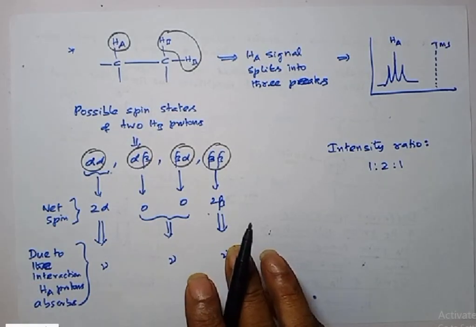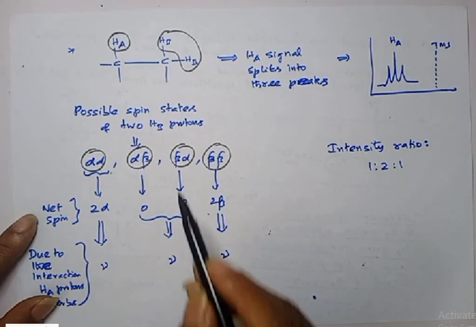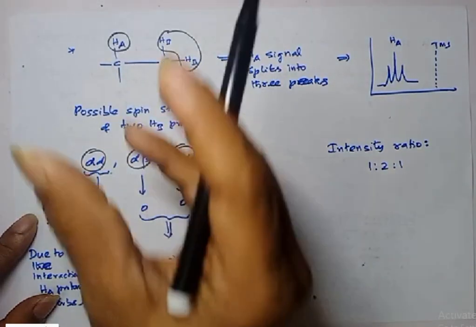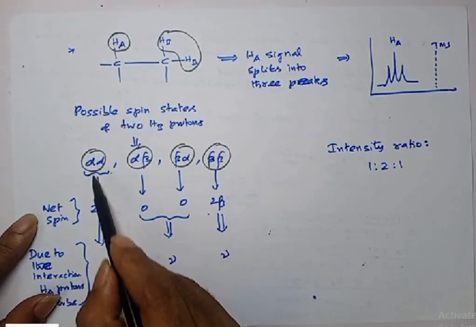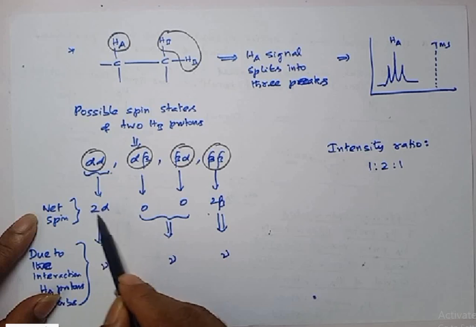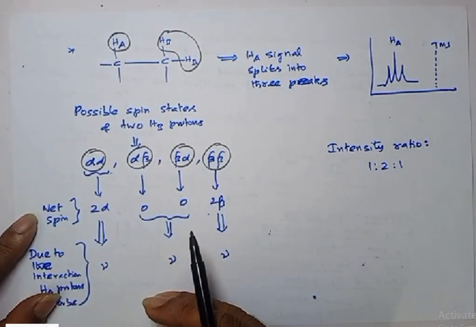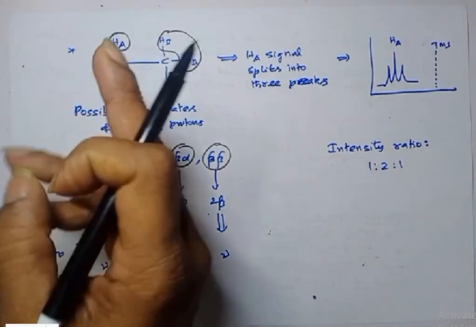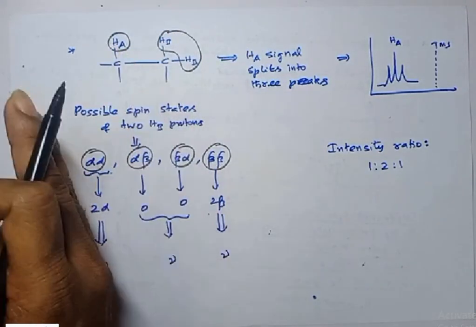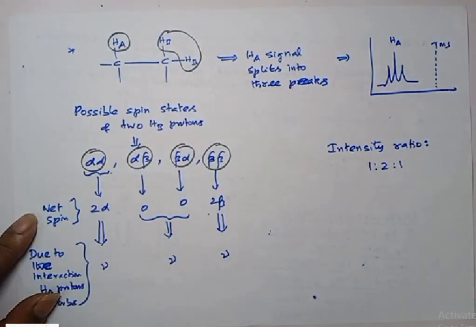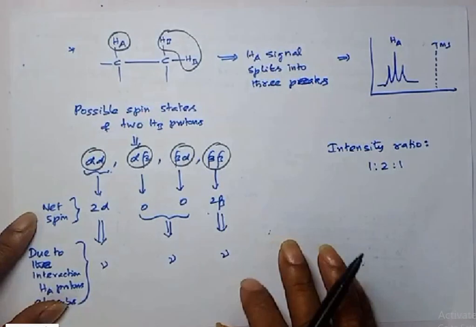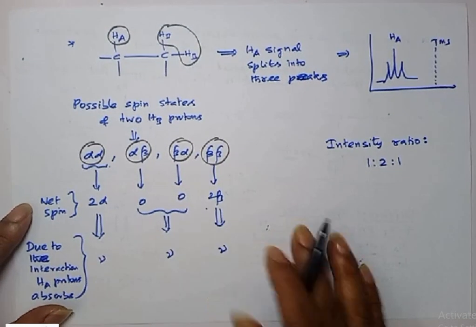So what happens is that in some molecule, the HA proton sees some additional field, 2 alpha, apart from the external magnetic field. Therefore, in some molecule, HA proton appears in lower field itself because it is getting additional field. How?